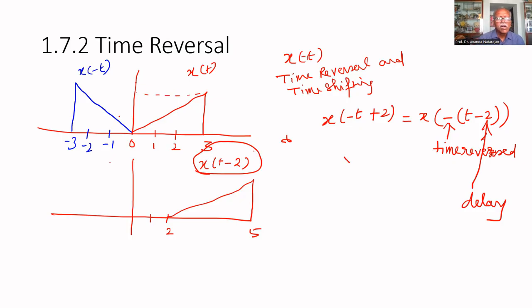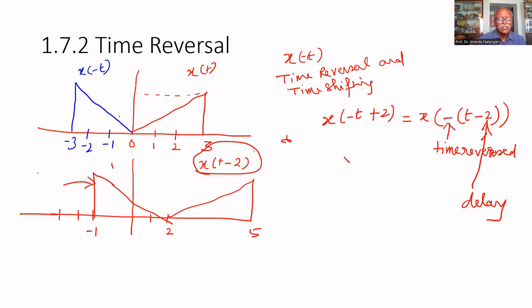Therefore, what you will get here is, here also there will be a delay. So instead of starting at minus 3, it will start at minus 1, and instead of 0, it will end at 2.